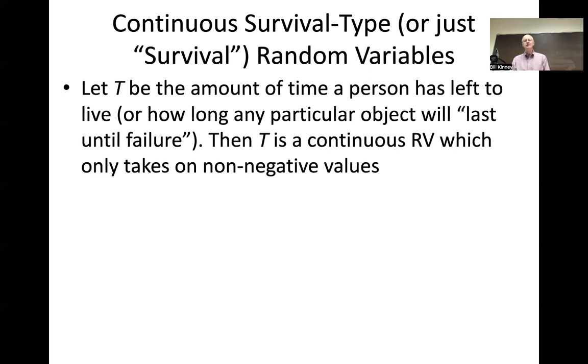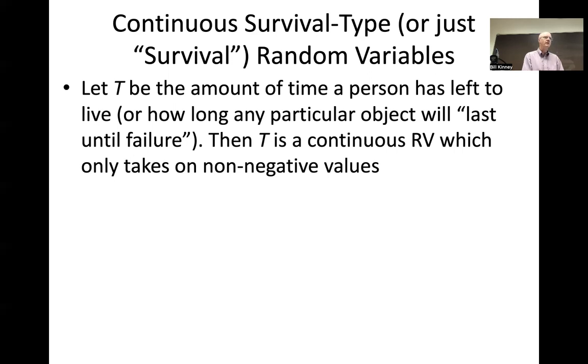Then T is a continuous random variable, because we're talking time here, an amount of time that you could measure with arbitrary precision: to the nearest year, nearest month, nearest week, nearest day, nearest hour, nearest minute, nearest second, nearest millisecond. Best to treat it as continuous. But it only takes on non-negative values. You can't say that something lives for -2 months.